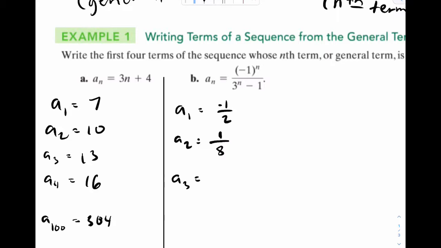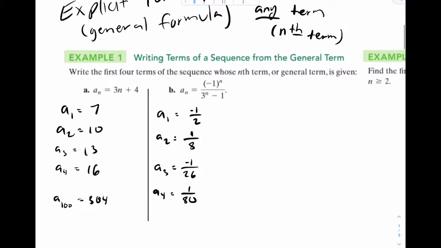Let's plug in 3. Now it's going to be -1, because -1 cubed is negative. Plug in 3, that's 27 minus 1 is 26. And then 4, -1 to the fourth is 1. And then 3 to the fourth is 81, that's over 80. So we could keep going, but the question just says first 4, so there's our first 4.